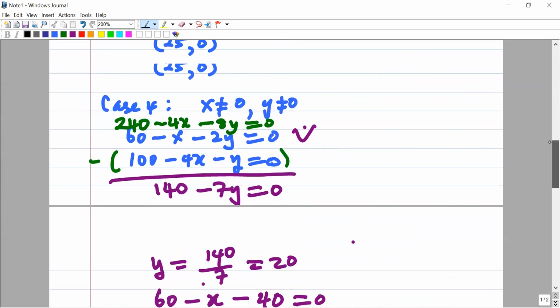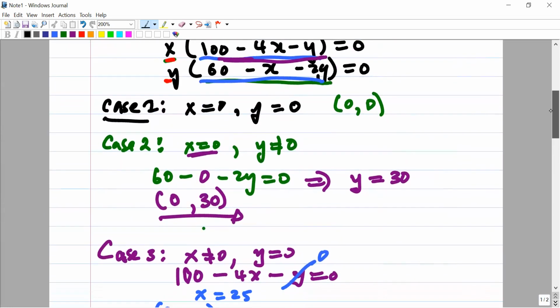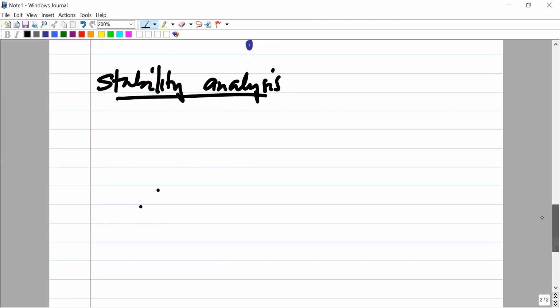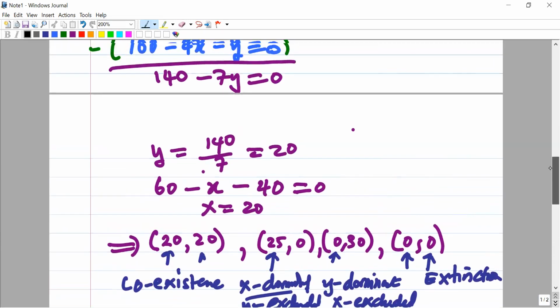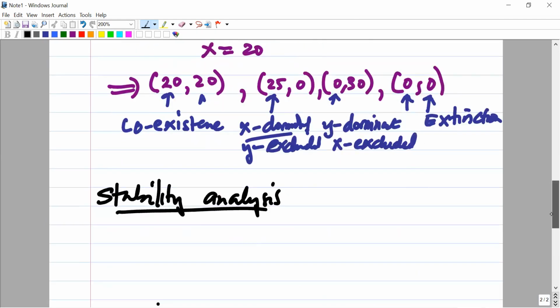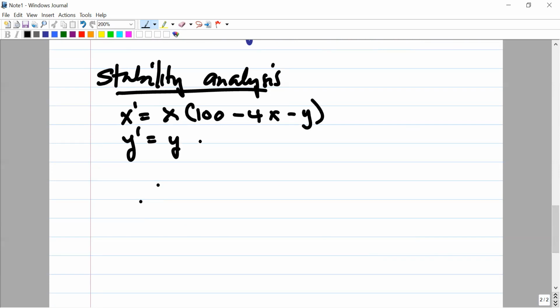So the first equation is x into 100 minus 4x minus y, and the second is y into 60 minus x minus 2y.